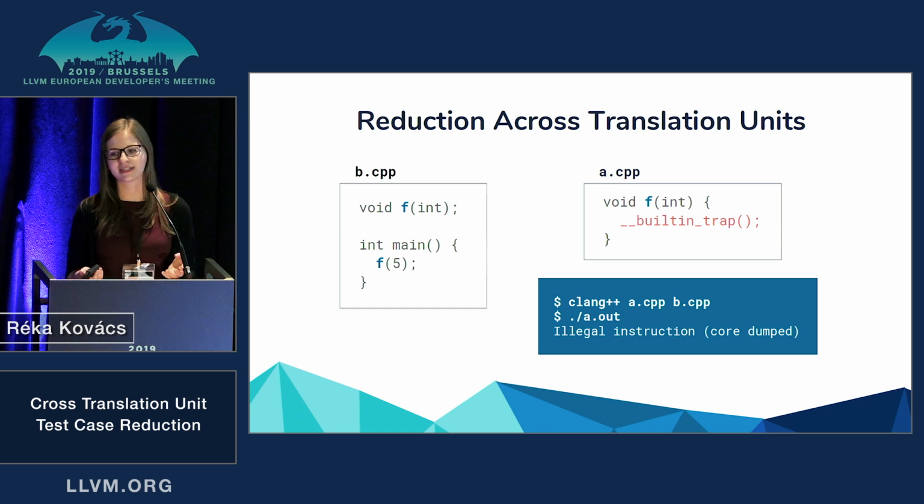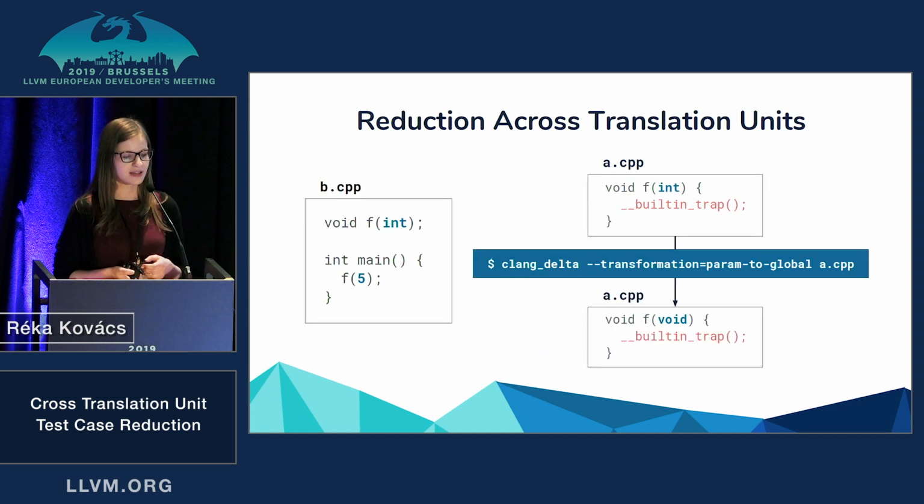And I can illustrate this with a much simpler example, just multi-file compilation. Let's suppose that we have a.cpp that contains a function definition that has some bug in it, and b.cpp which contains a declaration and the use of that function.